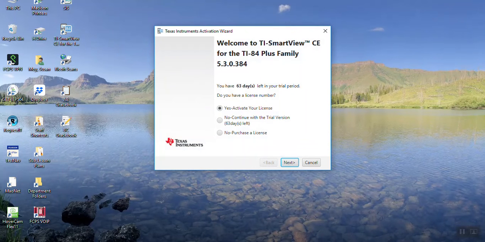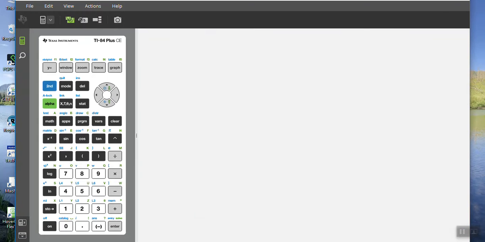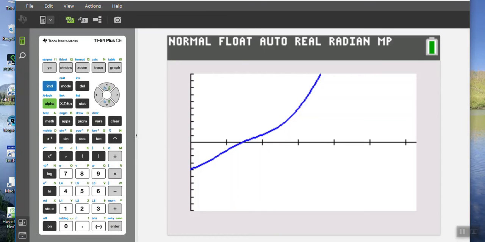Okay, let's do example 4. Here's example 4. If I graph y equals x squared minus 3 plus sine 2x minus 1, this is the graph that comes up.